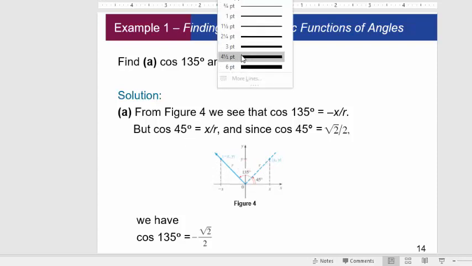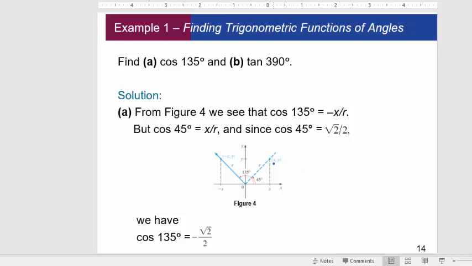This point over here, xy, at 135 degrees, the y value is the same, and the x value is just the opposite. So this point over here at 135 degrees is actually going to be negative x, y.